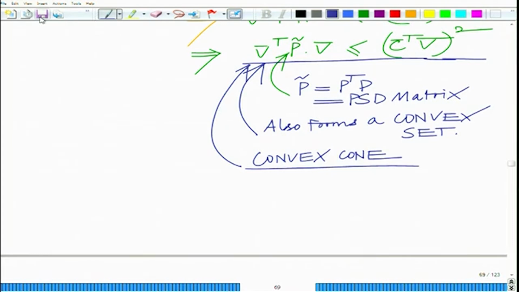The first one is rather simple, and it basically says that if two sets are convex, or a finite number of sets, or any number of sets is convex, their intersection is also convex. And further, if you consider an affine function f and a convex set S, then both f of S and f inverse of S are also convex.